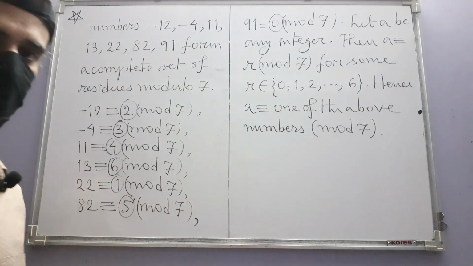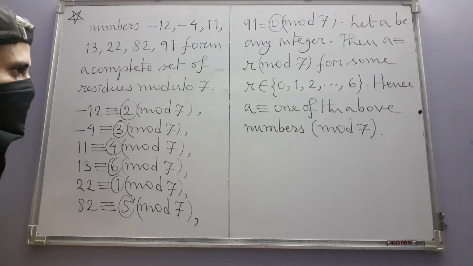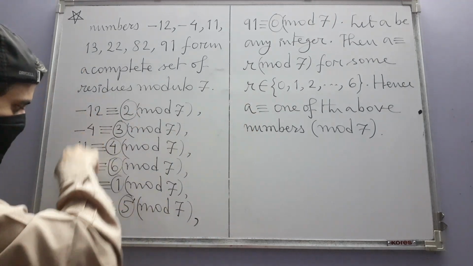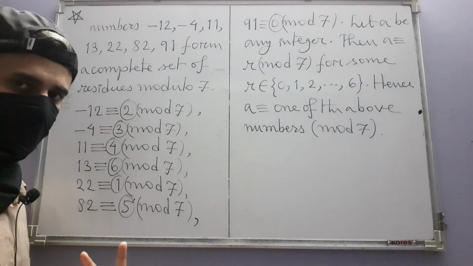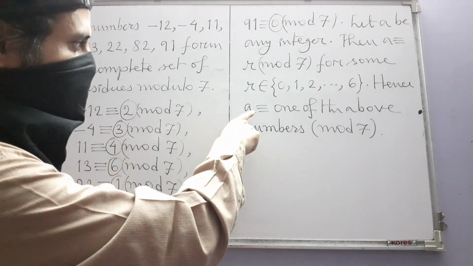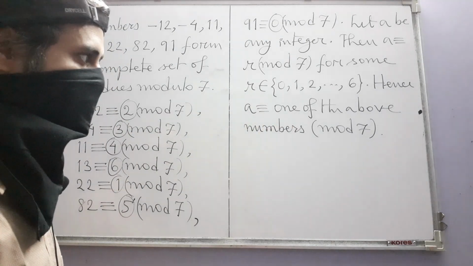What is the justification? The justification goes like this. a is congruent to r and r is congruent to one of these numbers mod 7, depending on what r is. So a should be congruent to one of the numbers mod 7.